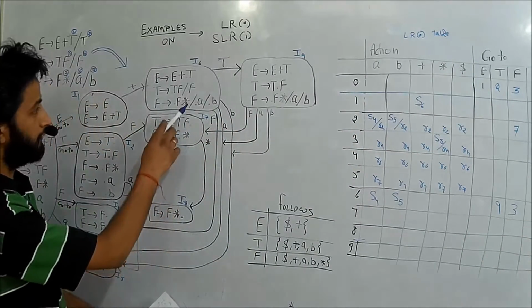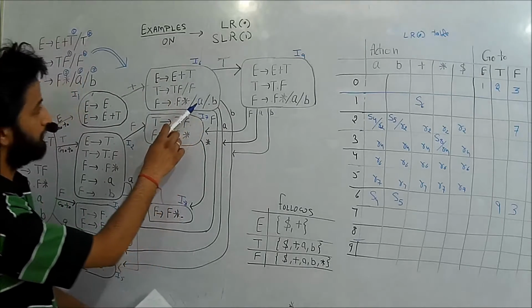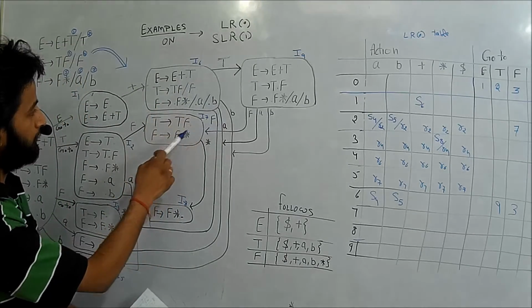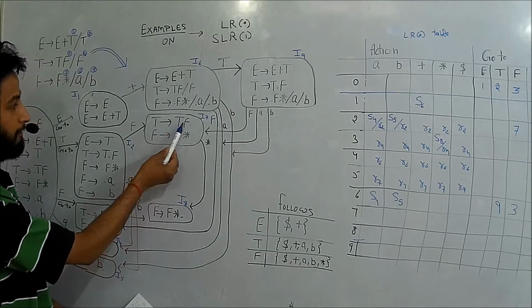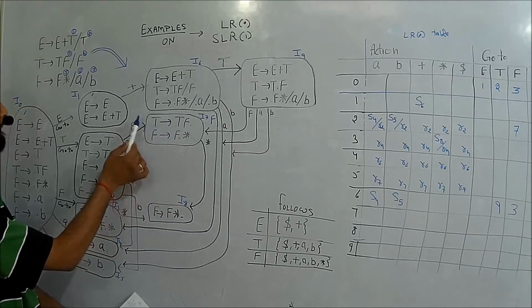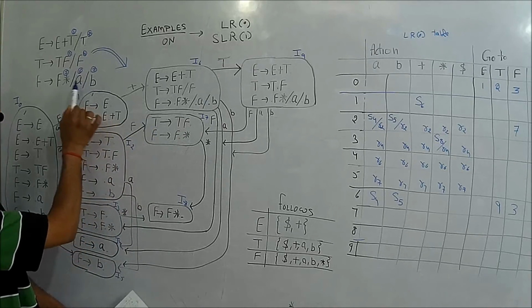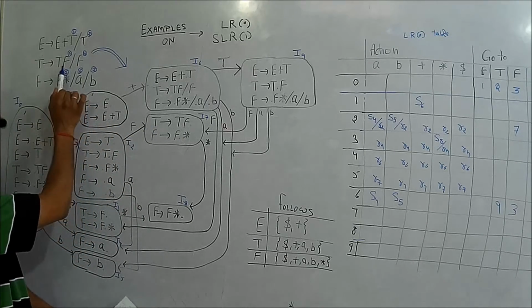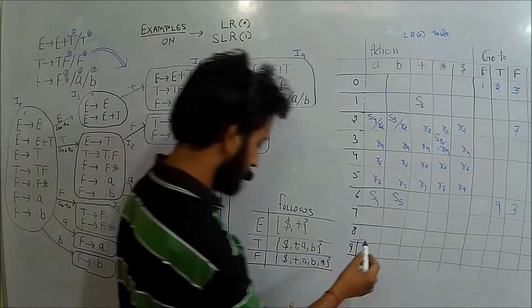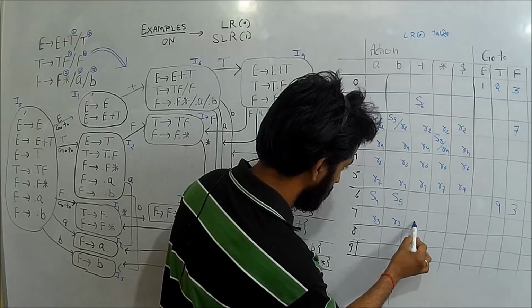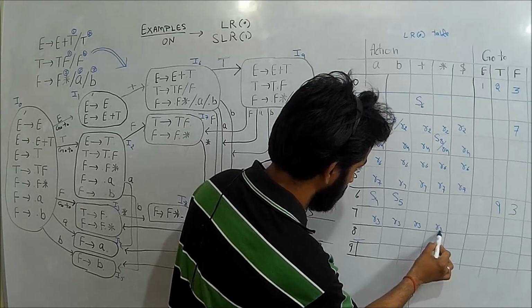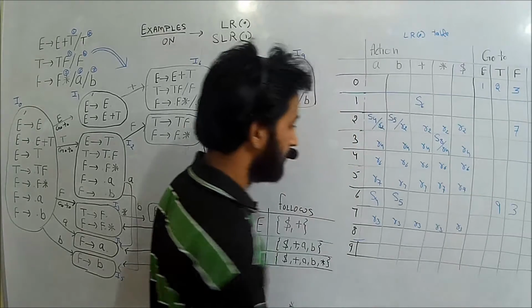Next we have, and there is no any final production or final item, so we will move to the next. Next here we have, this one is the final, means T star F can be reduced to T, and this one number is given to third. So we can say that the reduce move is R3, R3, R3 and R3.